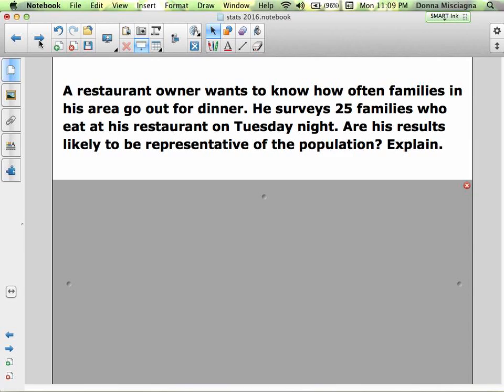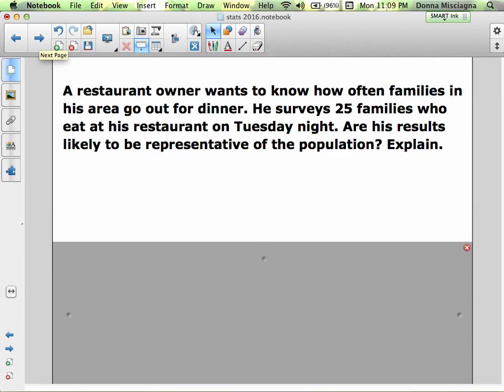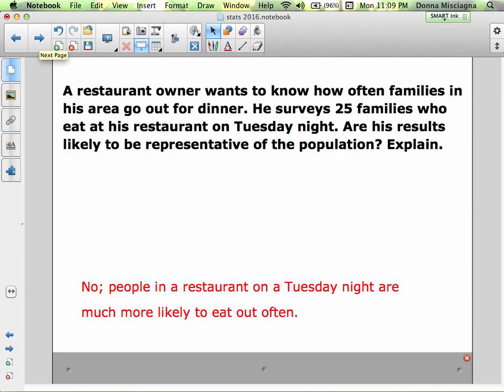A restaurant owner wants to know how often families in his area go out for dinner. He surveys 25 families who eat at his restaurant on a Tuesday night. Are his results likely to be representative of the population? Is this a good sample, or is this a biased sample? What do you think? All right, got your answer? Survey says it's biased.